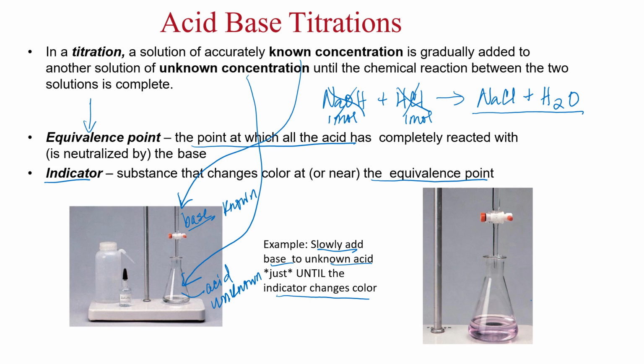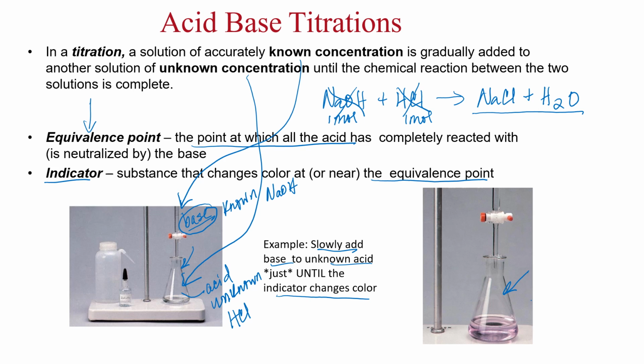Now, why would that happen? Imagine in this case, if this were our NaOH and this were our HCl, well, once we have reacted equal amounts of the acid and the base, there's nothing left of acid or base. So at that point, if we dispense any more base into our beaker, it has no more acid to react with.